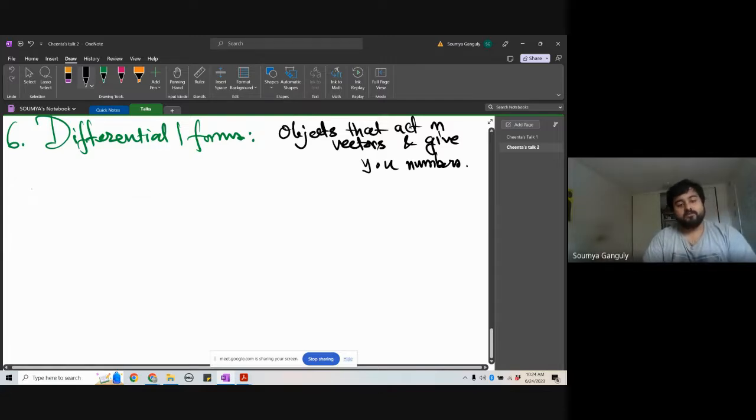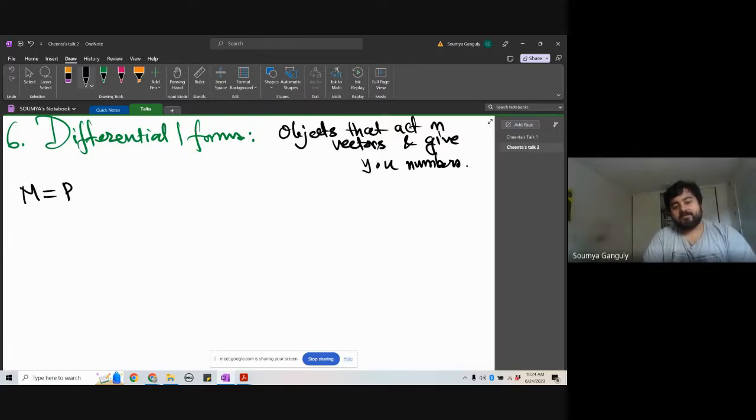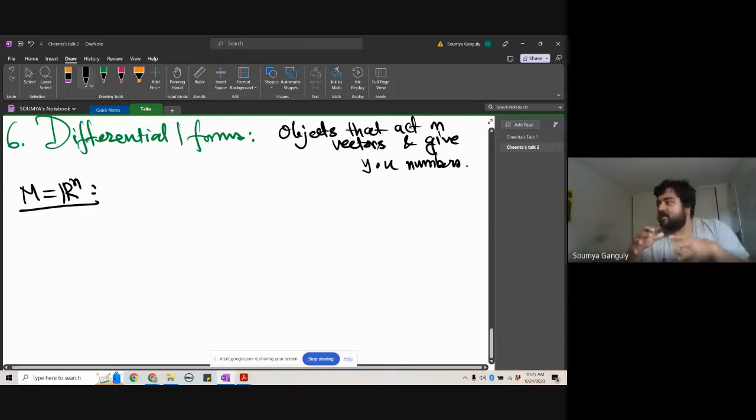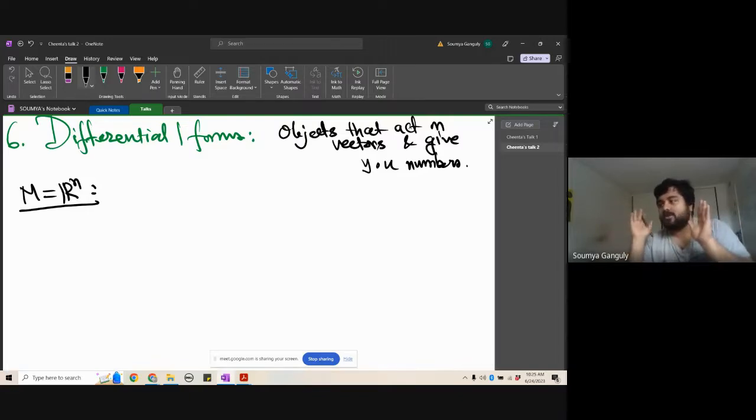Let's give you an example and then try to make you understand. So for now, M becomes Rn. Unless otherwise specified, our M is real Euclidean space, Rn. It's an n-dimensional manifold. Why am I choosing this manifold? Because locally, every manifold of dimension n looks like Rn. So whatever theory we develop here is applicable to a manifold also, just locally. So how do you do it?